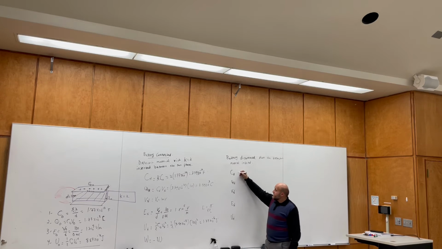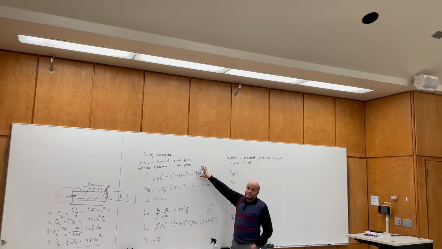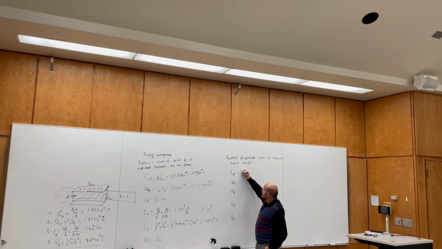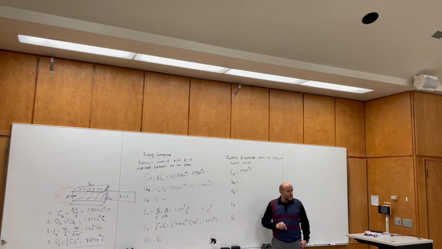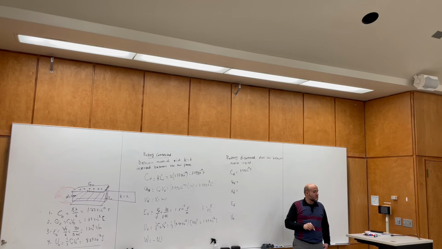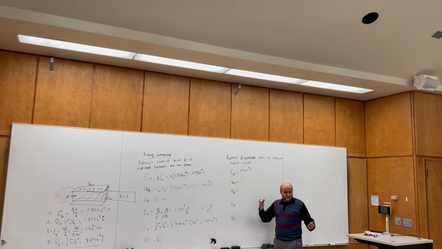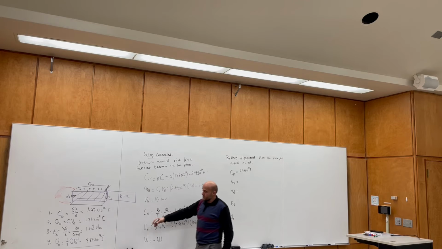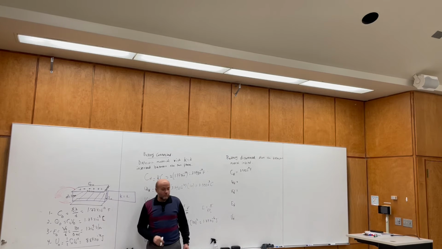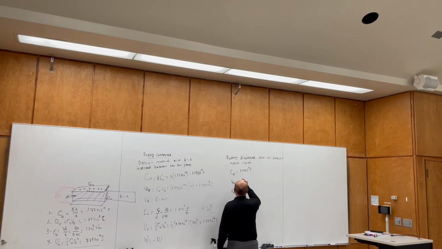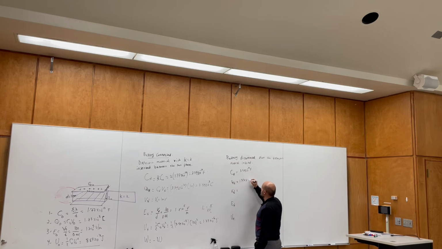So now for the C, it's going to be same as this. Has nothing to do with battery connected, disconnected. So this is going to be also 3.54 times 10 to negative 10 farad. Now because we disconnect the battery, then the charge will be constant, the same as this, which is 1.77 times 10 to negative 8.